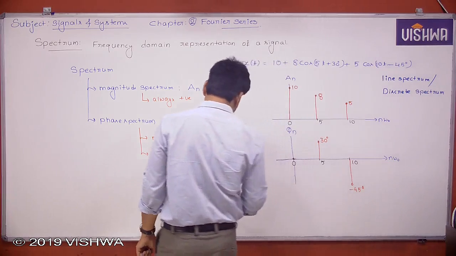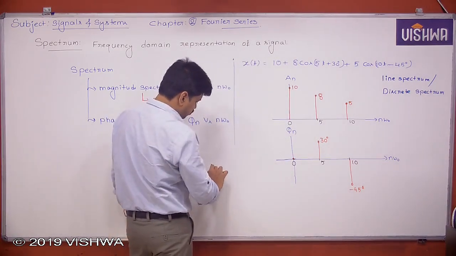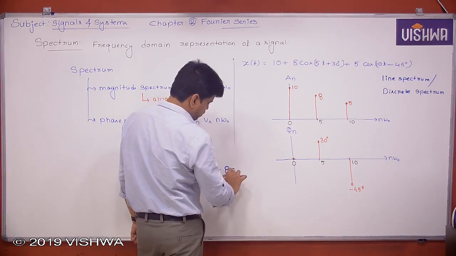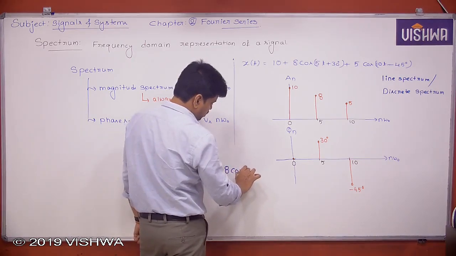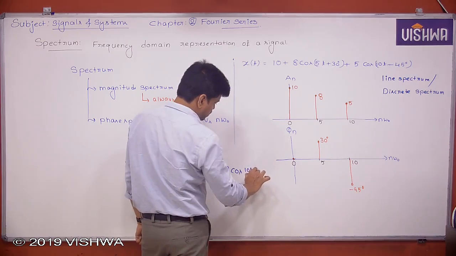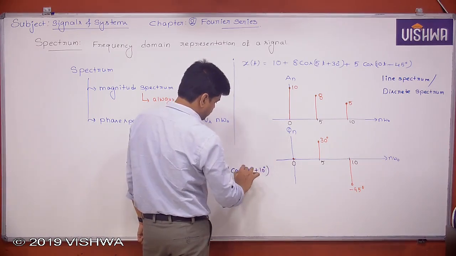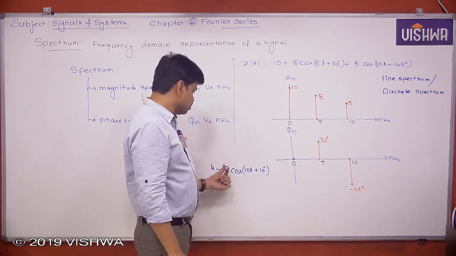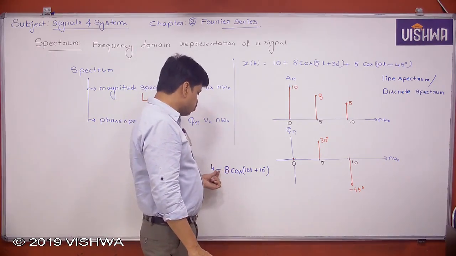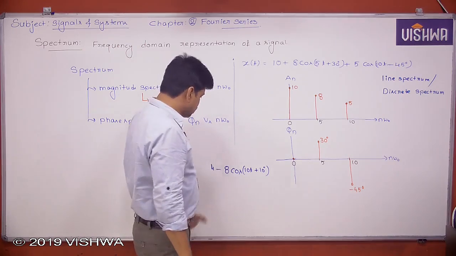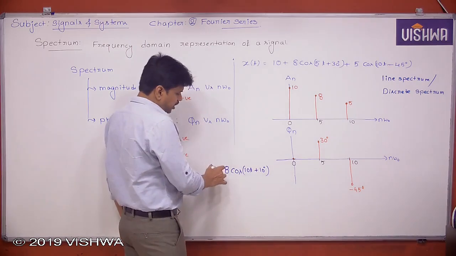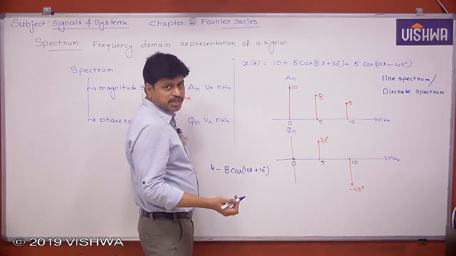Suppose a thing is given like this, let's say minus 4 cos(10t + 10 degrees). I already told you magnitude is always positive. Then what do we have to do with this negative sign? We have to bring this negative sign into the phase. If I take the negative sign into the phase, it is going to be plus or minus 180 degrees.